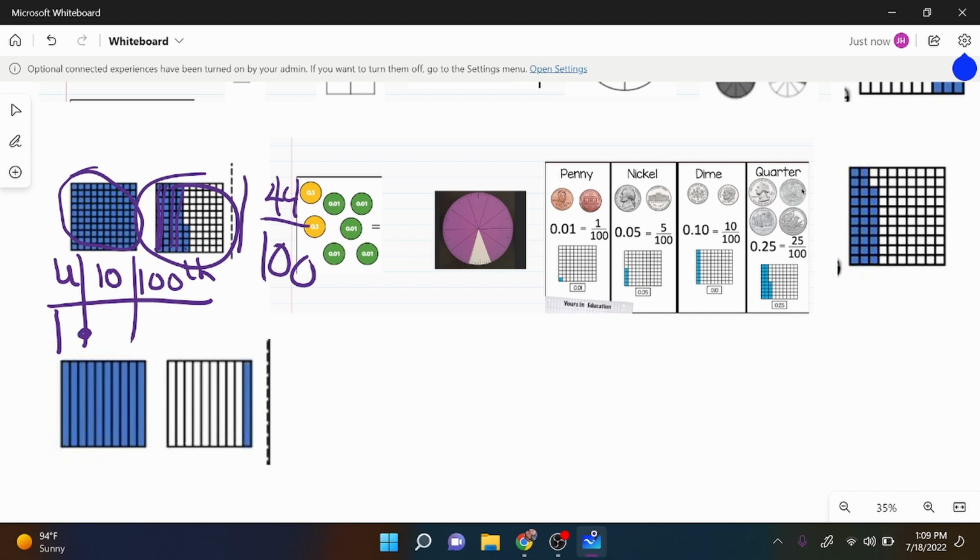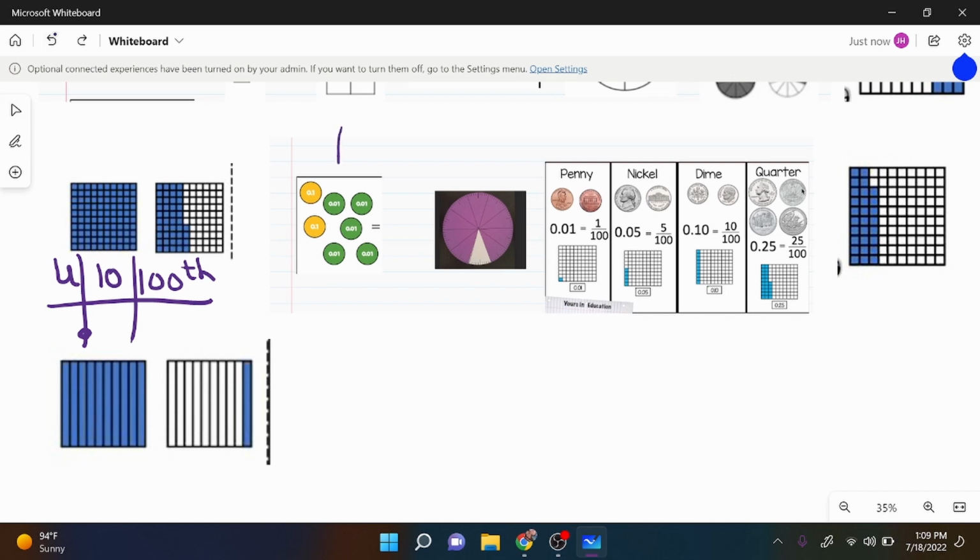So we have 1 whole, we had 4 longs, and then we had 4 hundredths. So it would be 1 and 44 hundredths. So now instead of tenths, they've changed these to hundredths, and you can see that there's many more little pieces chopped up in our model.